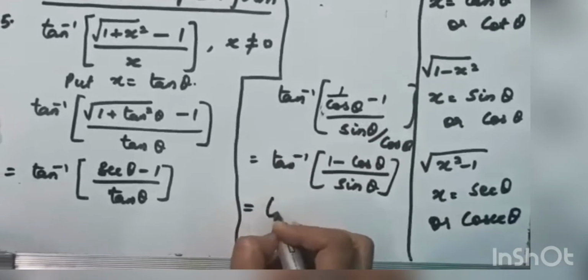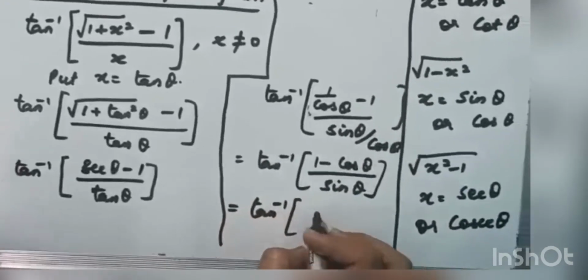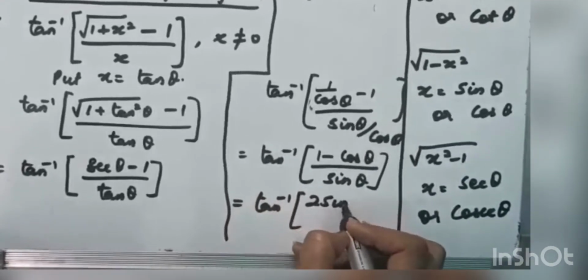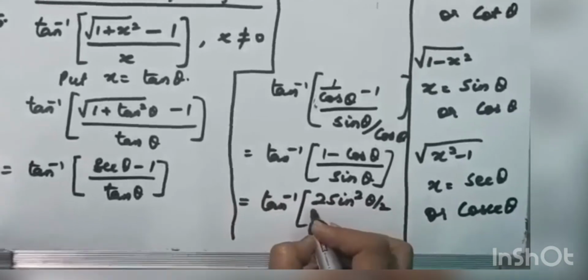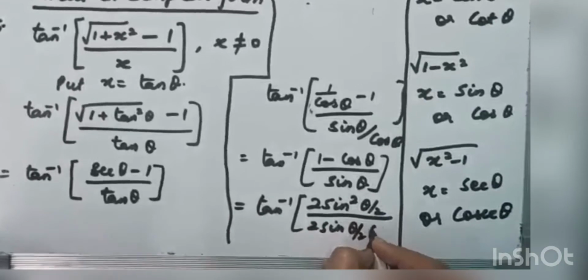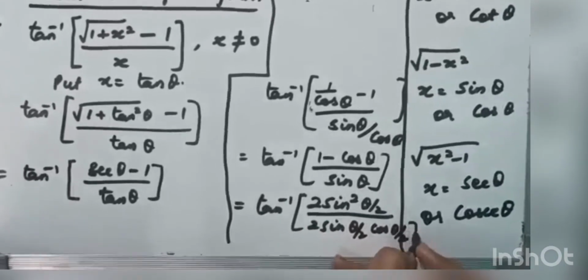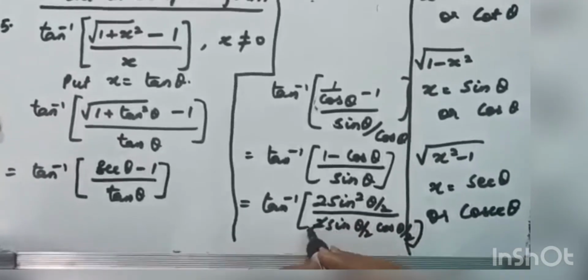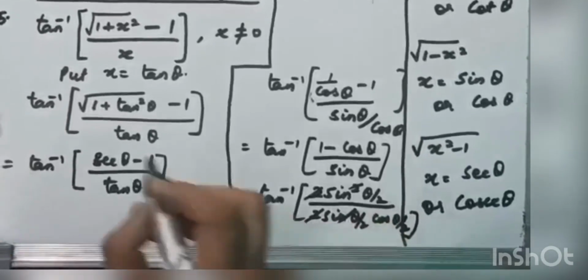Now use half angle formulas. This becomes 2 sine square theta by 2 upon 2 sine theta by 2 cos theta by 2. So these two cancel, one sine cancels.